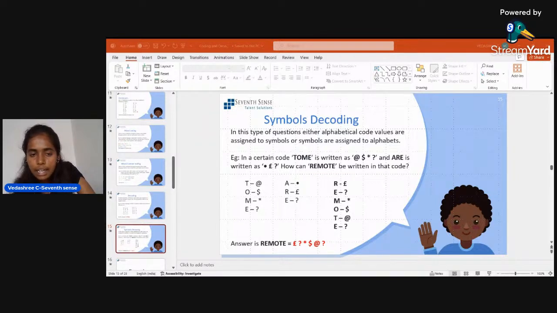So here R has been assigned this symbol. Next, E has been assigned the question mark symbol. Next, M has been assigned the star symbol. So like this, we need to find out which symbol has been assigned for which letter. So this is very simple: just check which symbol has been assigned for which letter and write the answer.